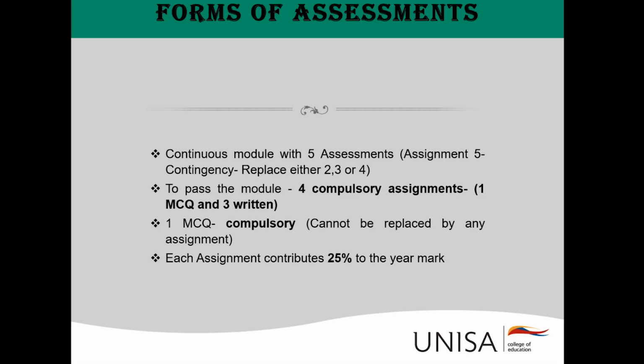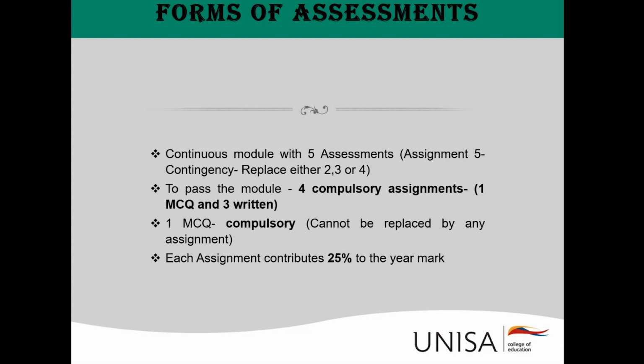One is an MCQ, which is compulsory and can never be substituted by a contingency assignment. And you also need to write 3 written assignments, which are file uploads. So assignment 5 contingency can only replace assignment 2, 3, or 4, which are file uploads, but it cannot replace assignment 1, which is an MCQ.